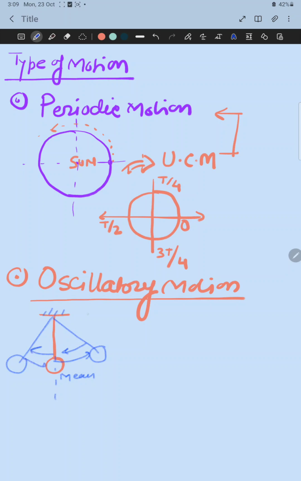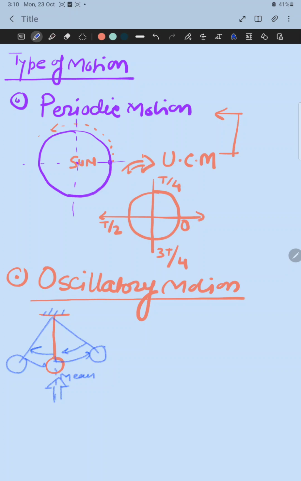It resembles periodic motion very much, because here as well the time is fixed. But there is a difference between oscillatory motion and periodic motion. In oscillatory motion there is some mean position, whereas in periodic motion there is no such mean position.